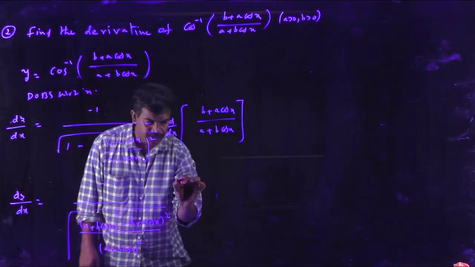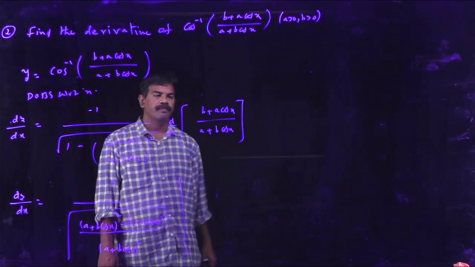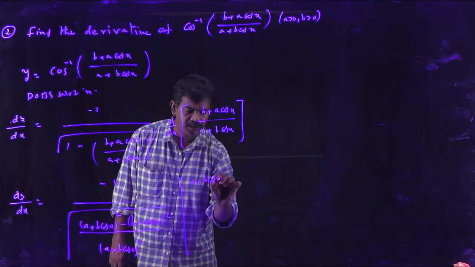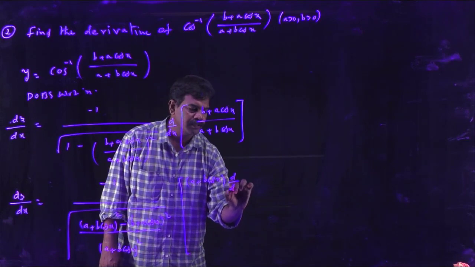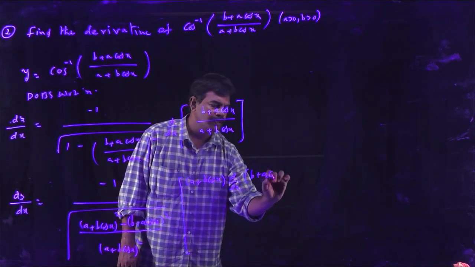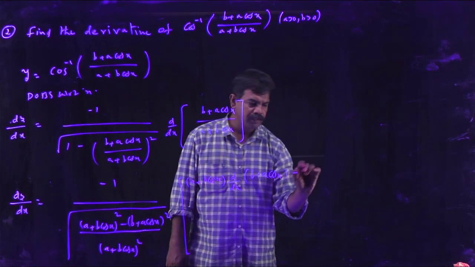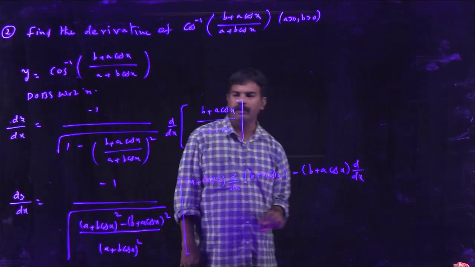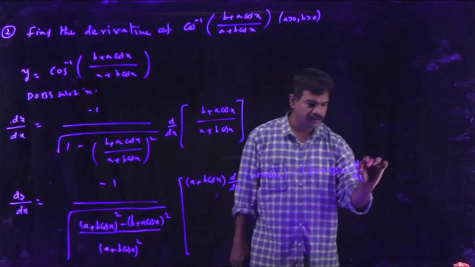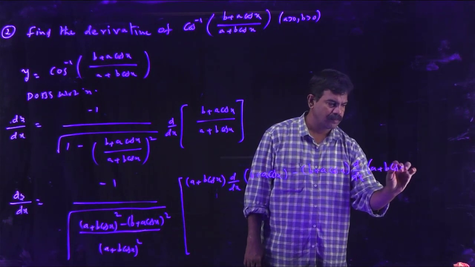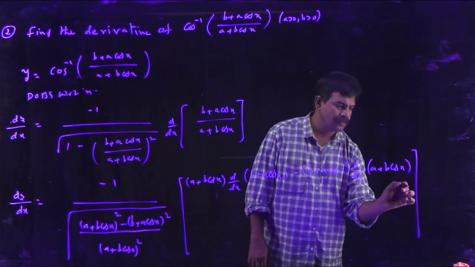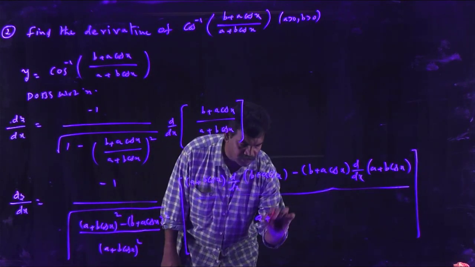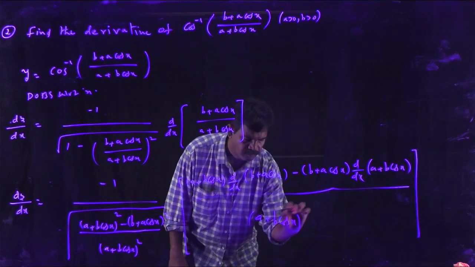Here we apply the u by v formula, that is v into, a plus b cos x into d by dx of (b plus a cos x), minus (b plus a cos x) into derivative of (a plus b cos x), by v square, that is (a plus b cos x) whole square.